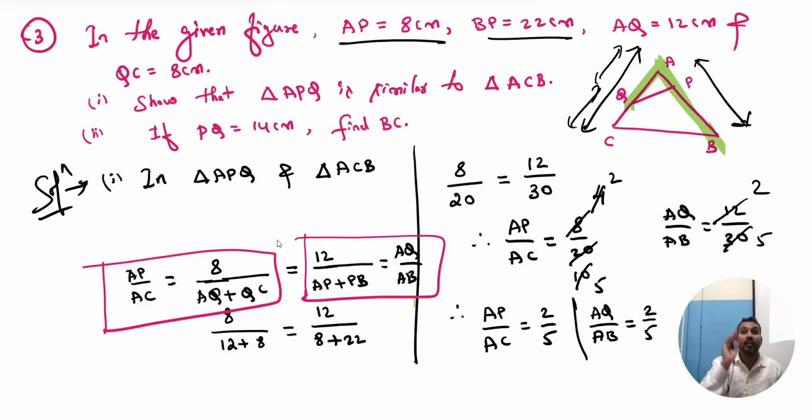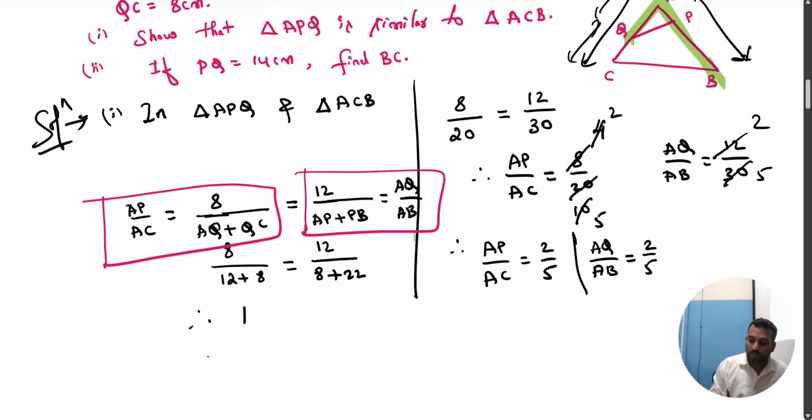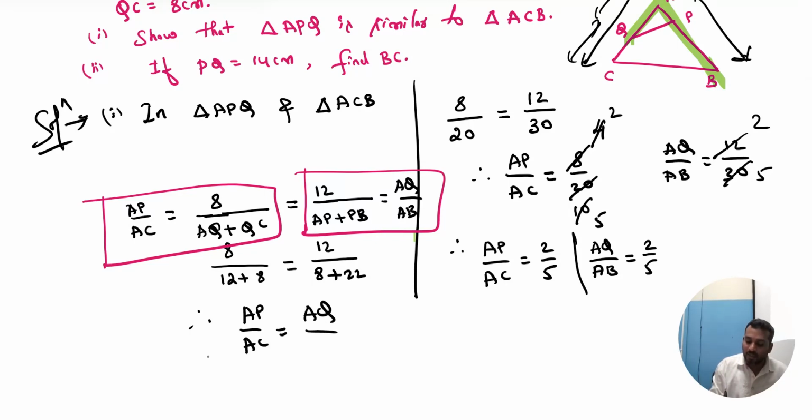That is the logic I gave in the beginning. If you take AP here, you should take AC. Now we got to know that the values of side AP by AC and side AQ by AB are equal. Am I right?